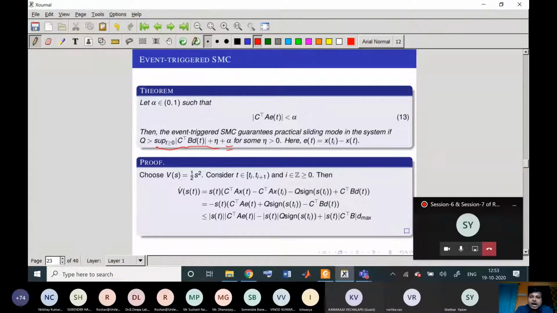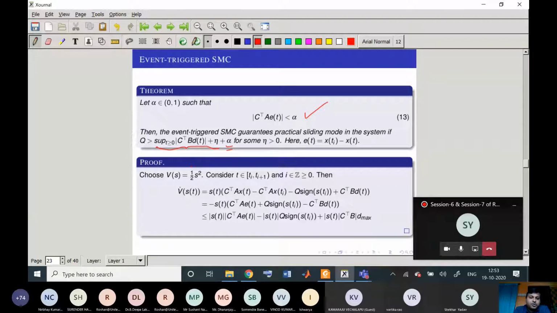The question is how equation 13 is derived. In the first lecture I told you that all event conditions come from the stabilizing condition.